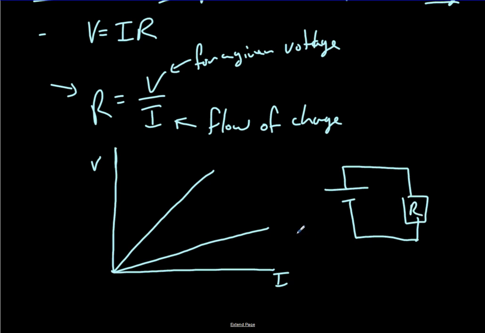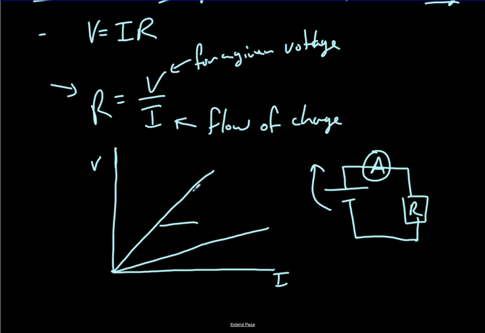Here's some resistor. Let's say that this is variable, so we can raise the voltage up, raise it up, and we can measure current through it. As we increase voltage, we will increase current. Depending on what we have here in terms of resistance, that will be represented by the slope of this line.